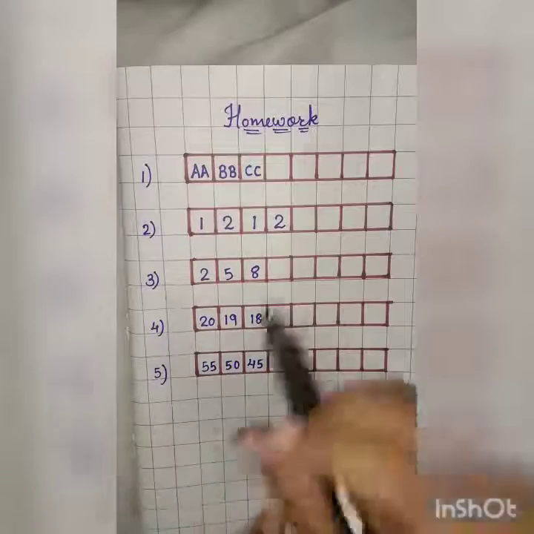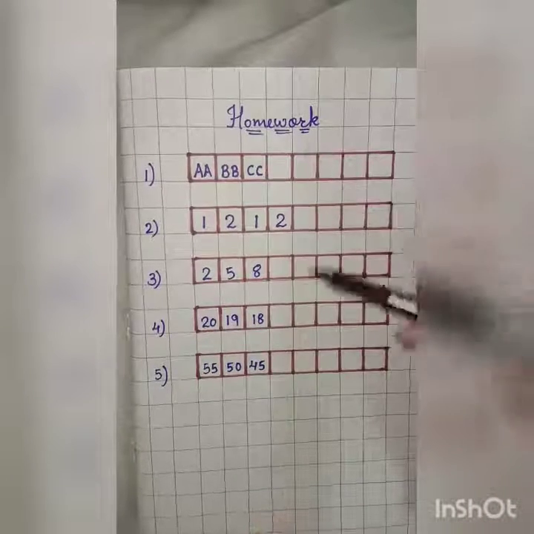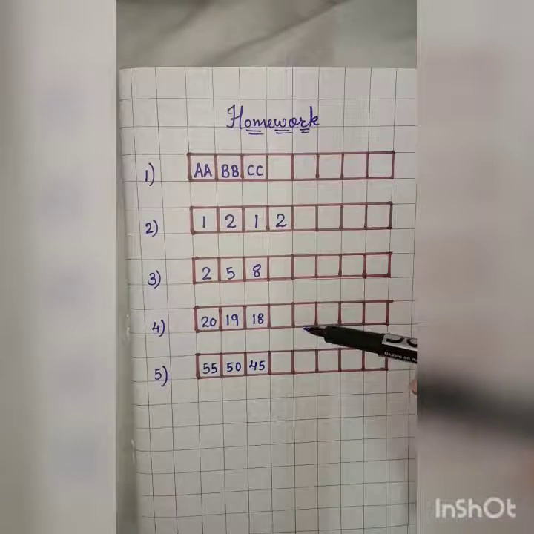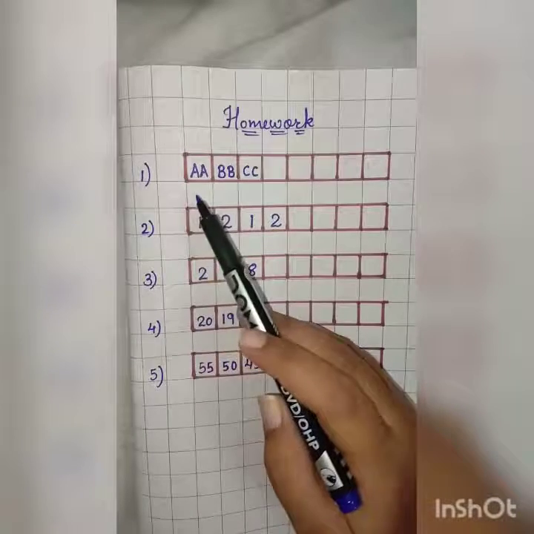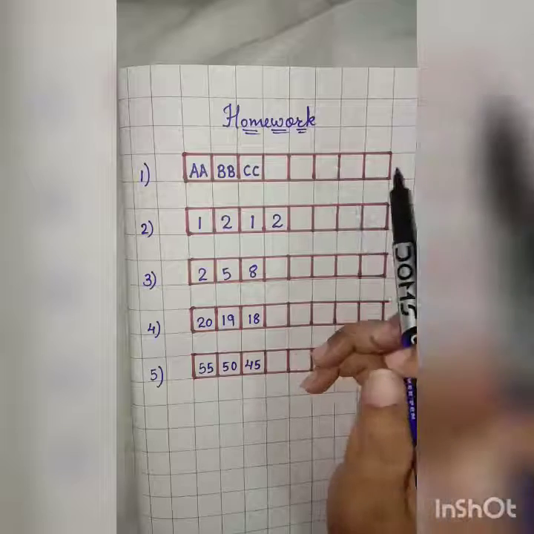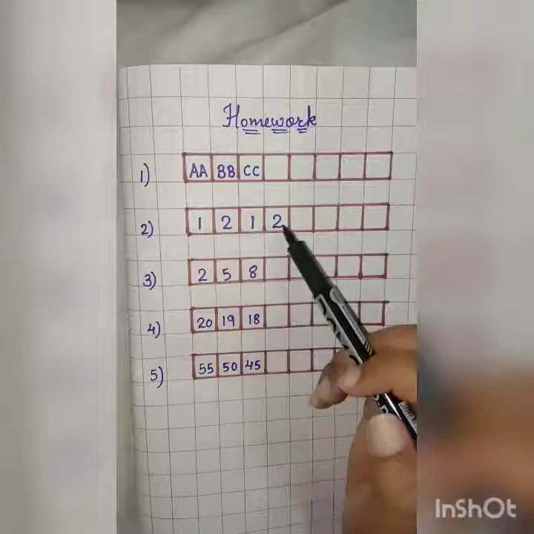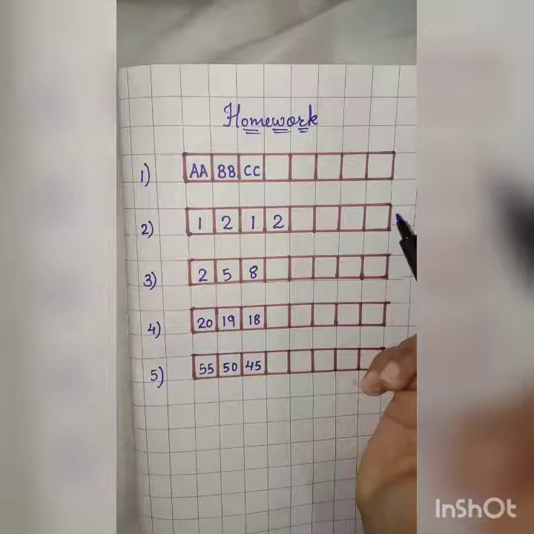Now it's your homework time. Complete all the following patterns in your notebook. First one, AA, BB, CC, and so on. Second one, 1, 2, 1, 2, and so on.